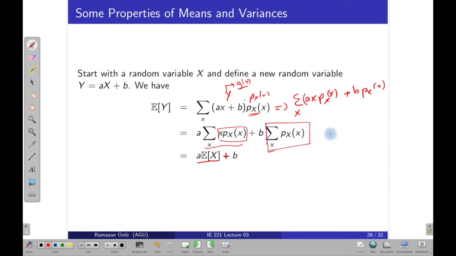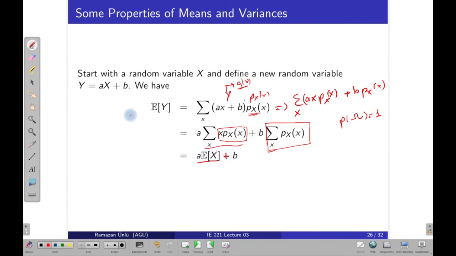And remember the first axiom of probability: the probability of omega is equal to 1. This is the sum of the probabilities of each event, so that's why this is equal to 1. The final result will be a times the expected value of x plus b.